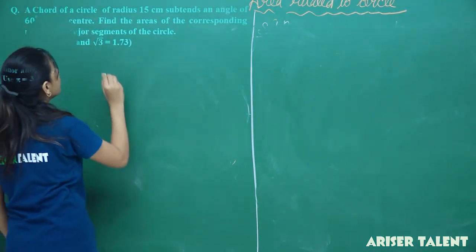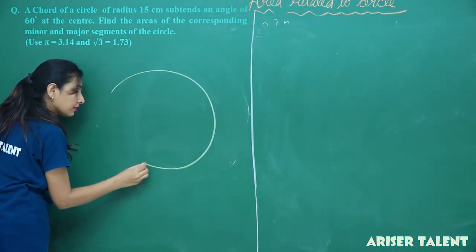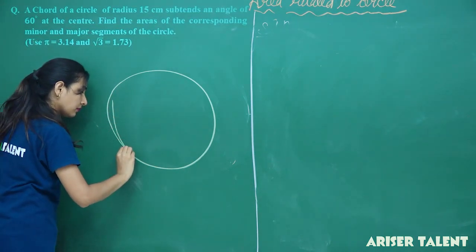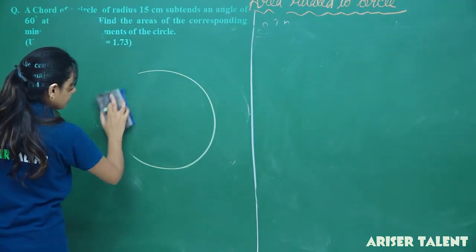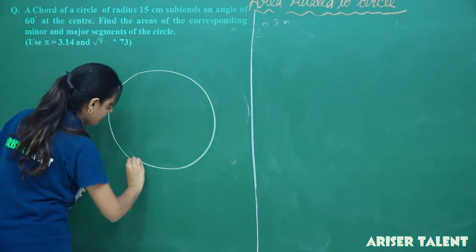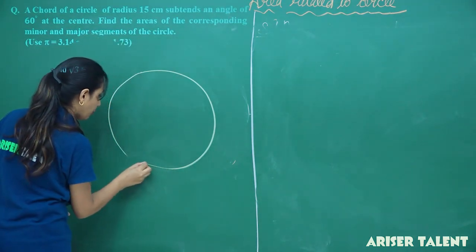Okay, so a chord of a circle. So this is the circle. Now it has a chord. If it has a chord, what will that be? I will have any two points there.